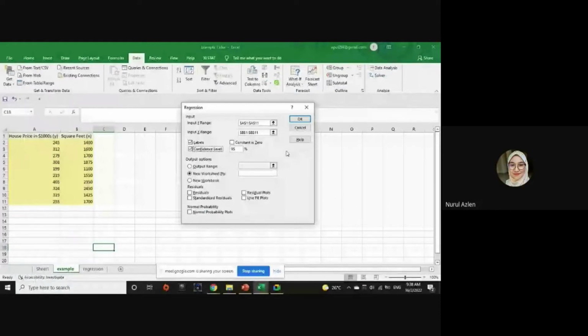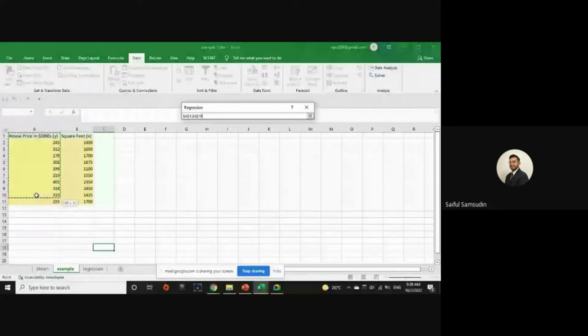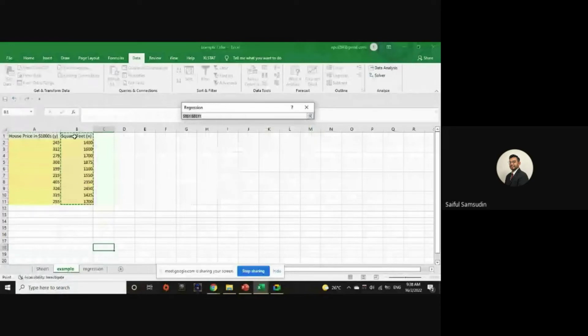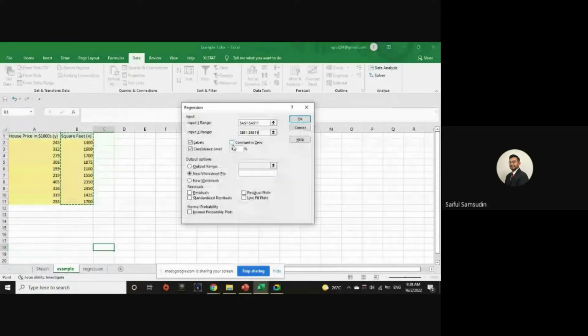So you put the input Y here, the house price, and then you input X. You select all the square feet data, and don't forget you must click the Labels, so the analysis will exclude the title, the label here.